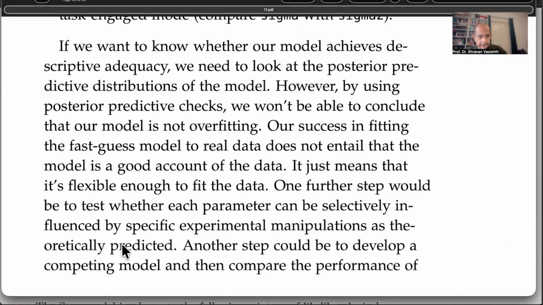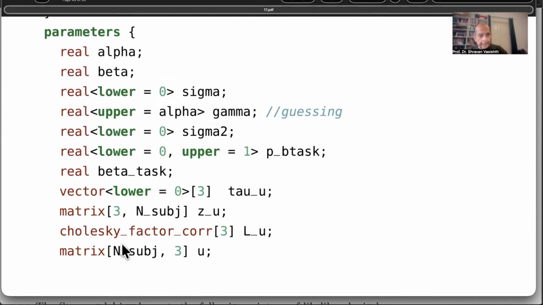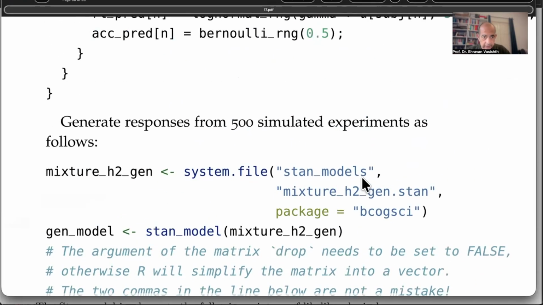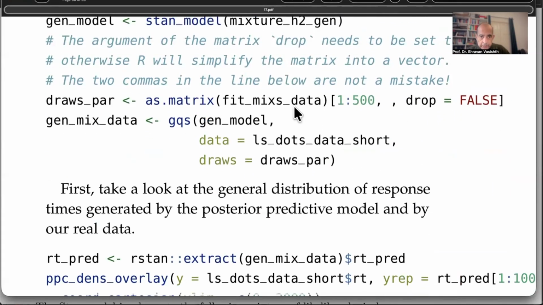We are now going to take that model, that's this one here, and we are going to generate 500 simulated data sets. See that? 500 simulated experiments, right? From that fitted model. And when we do that, as a matrix, we're going to save the draws of the parameters. So all the samples from the parameters in the fitted model are extracted, okay?